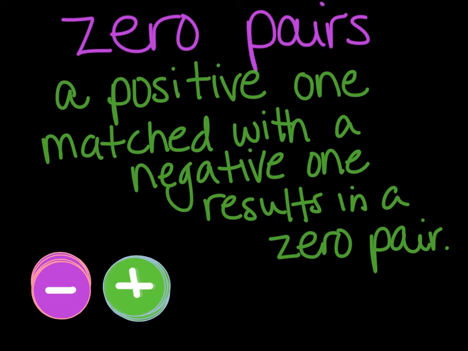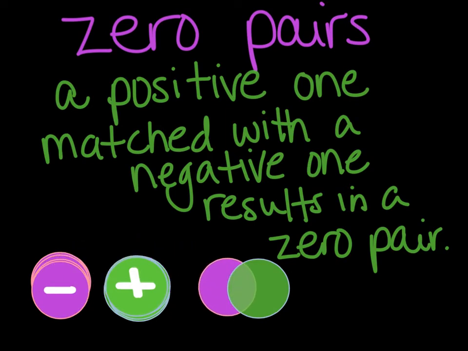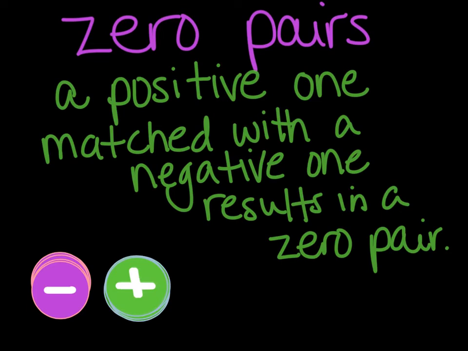So if I take and move a positive value and a negative value from my chip pile, these two chips are going to result in a zero pair, and they will actually cancel out or disappear because they won't have a value any longer.